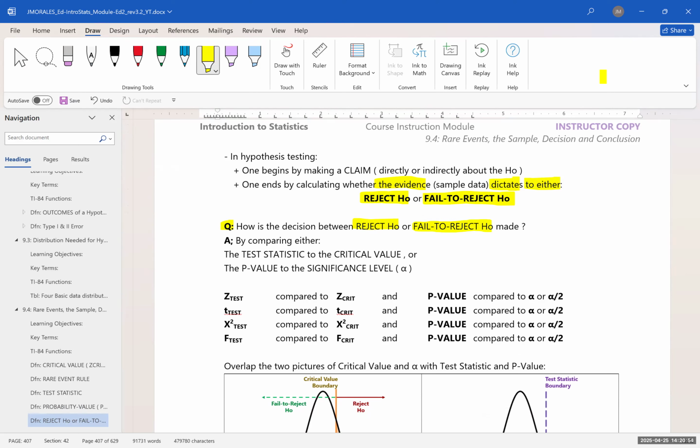And the answer is by comparing either, because there's two ways to do it, by comparing the test statistic to the critical value, because those are both unitless numbers on a number line, and you can compare two numbers on a number line.